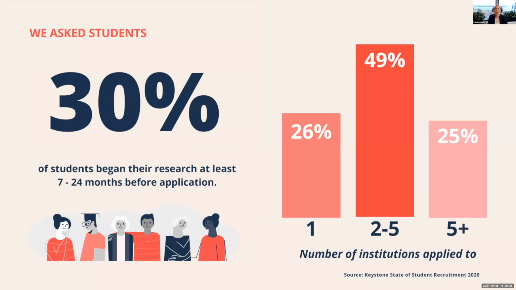And we also saw in the same survey that students start seeking information between 7 to 24 months before even sending in the first application. And this tells us that you need to have a solid long-term plan to attract the best students. And the worst thing that you can do now in this current situation is to put your recruitment efforts on hold.